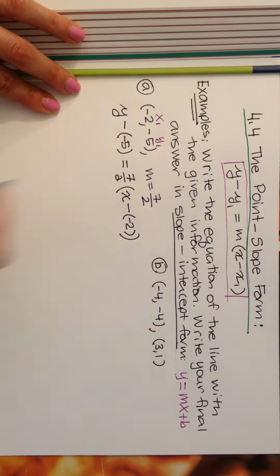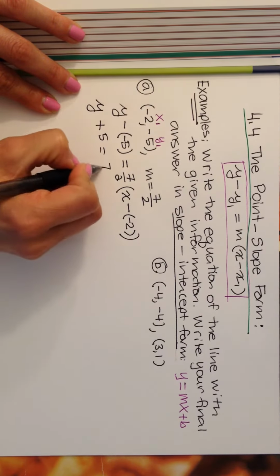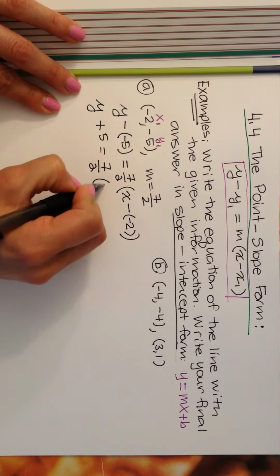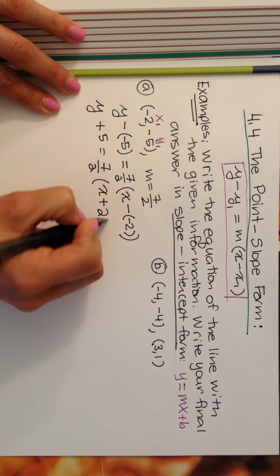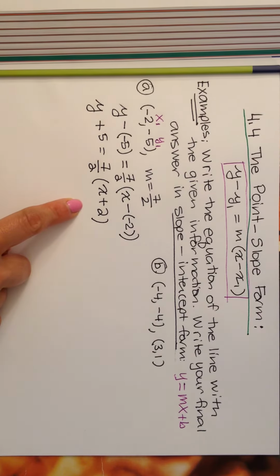And I know that I can simplify to y plus 5 equals 7 over 2 times (x plus 2). This is basically our answer, but we have to put it in slope-intercept form.